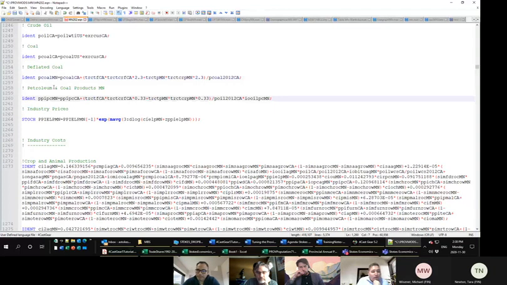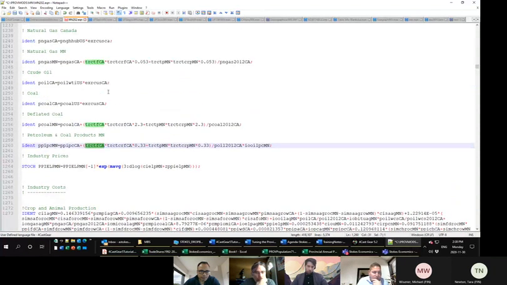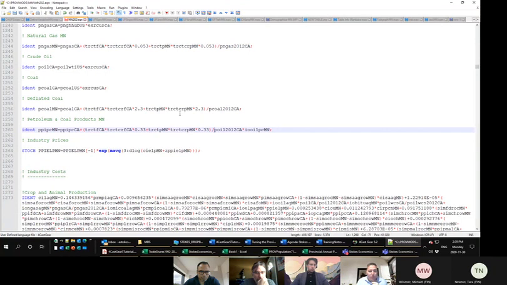Also, then again, on the petroleum and coal products, here we're looking more at refined fuels, any refinery products, and again, they have the carbon taxes all built into these equations as well. These coefficients you see here are the amount of carbon produced per unit of measure, whether that be a kiloton of coal, a million BTUs of natural gas, or a barrel of oil.